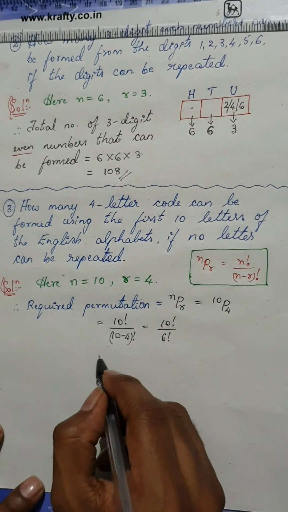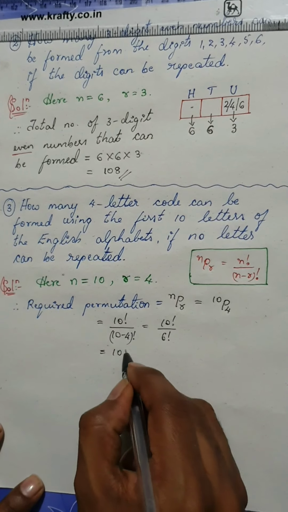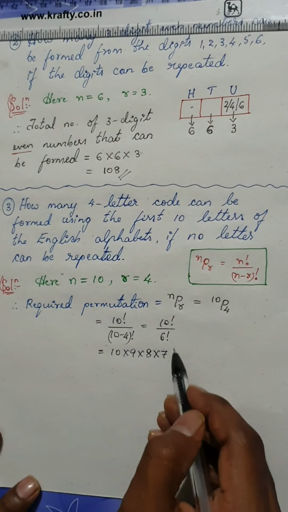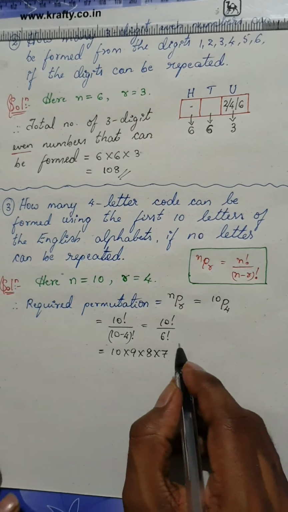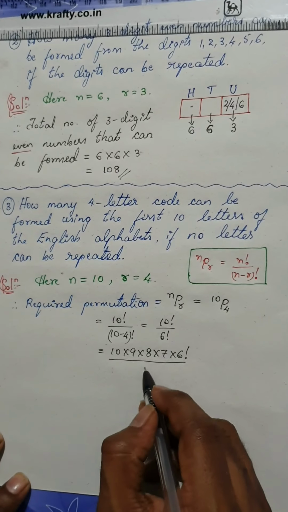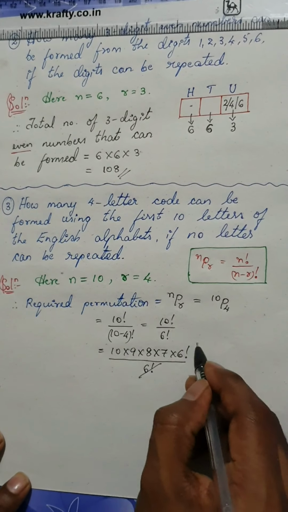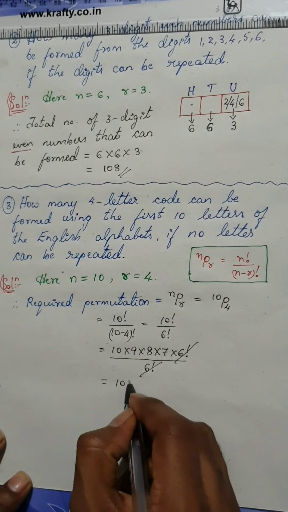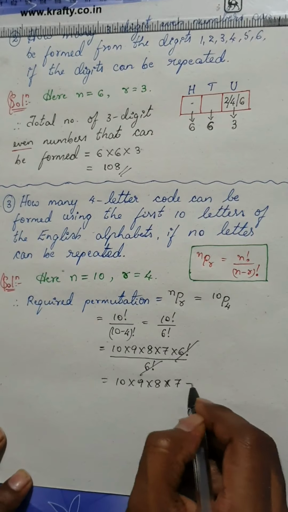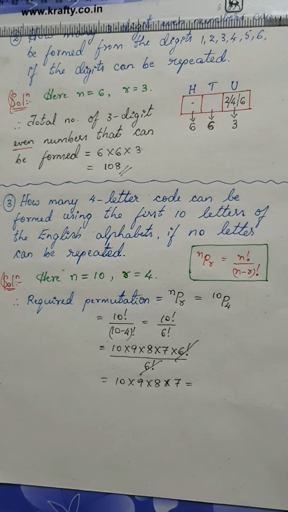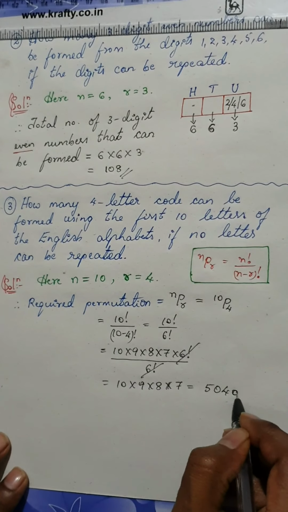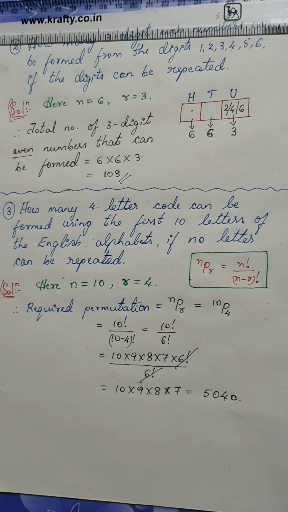You can take 10 into 9 into 8 into 7, because the 6 factorial will cancel with the 6 factorial. If you want, let me write this step, into 6 factorial by 6 factorial. So this and this get cancelled. You will have 10 into 9 into 8 into 7. If you use your calculator, the value would be 5040. This would be the required number of codes.